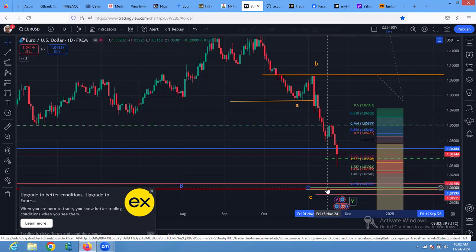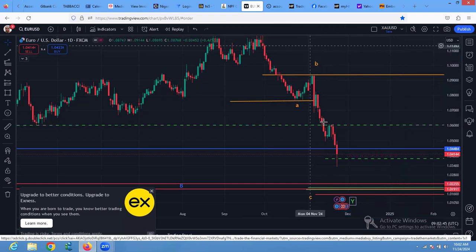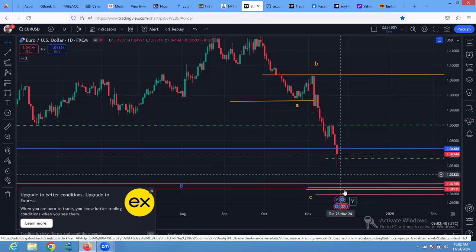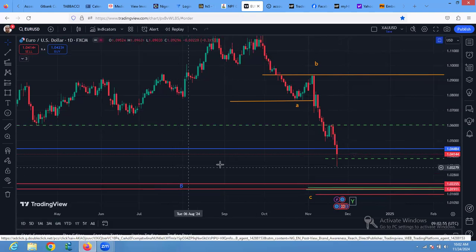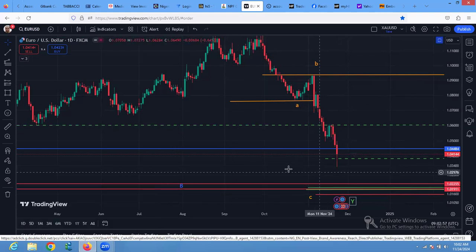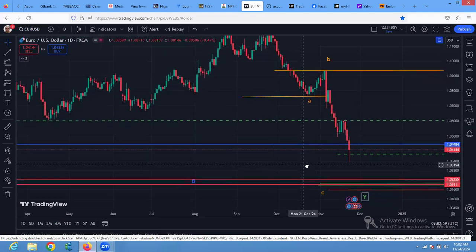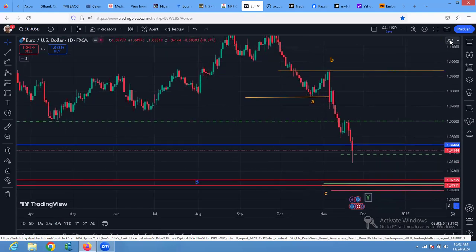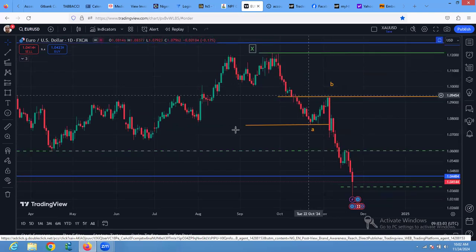That fraction is the area where I expect price to react, because that's 161.8 of A to B and C. I don't think price will break this area. But once you see 4-hour price action, or some wedging before that area, that is where to look for your buy opportunity.